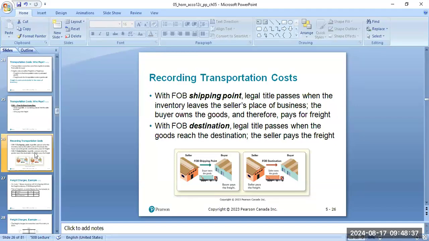Example, imagine you order Domino's pizza from your home. One option is to be free on board at the shipping point.